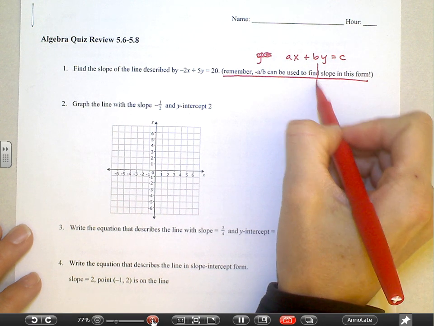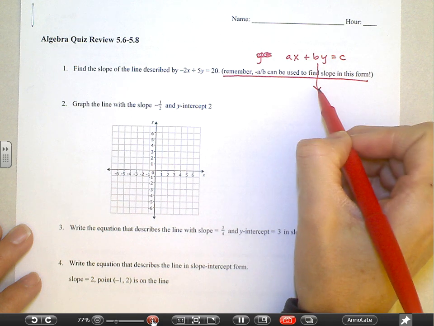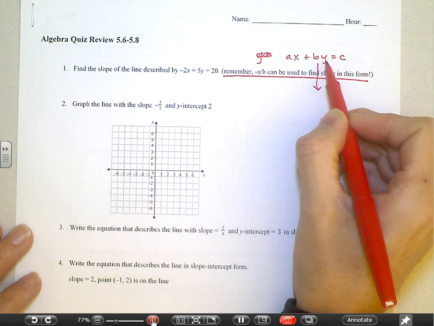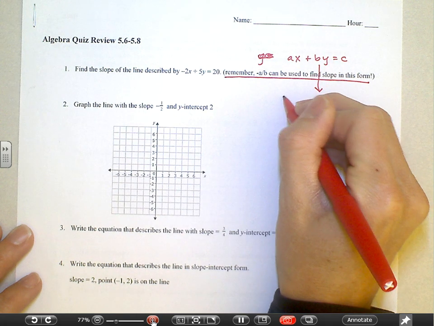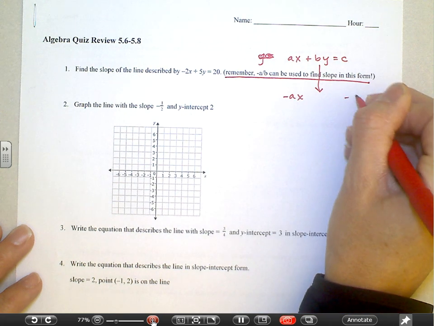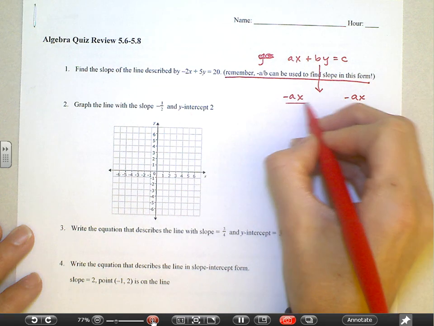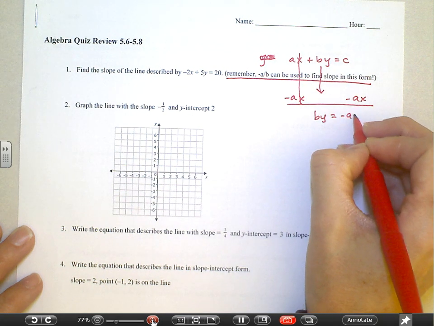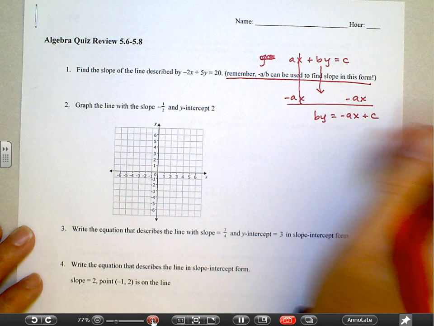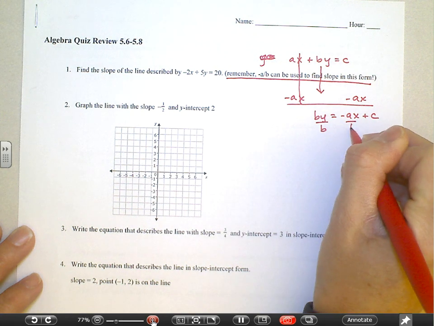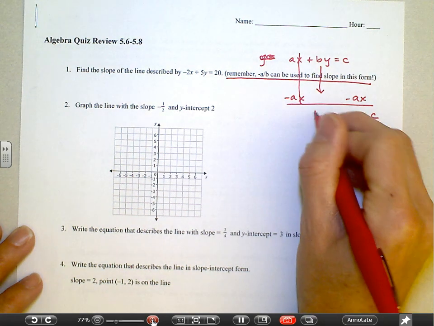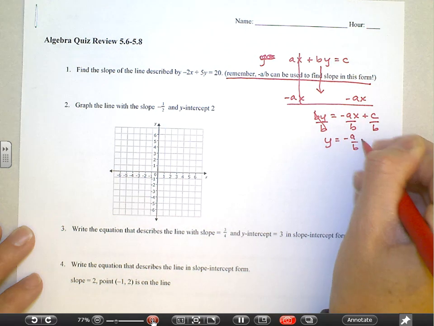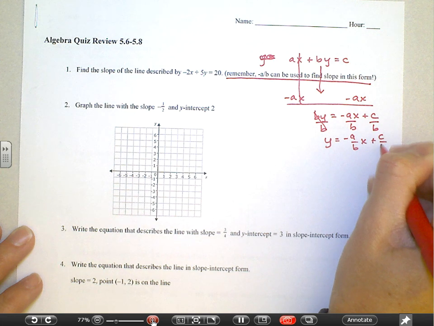If I want to change this to slope-intercept form, I want y all by itself. I subtract the x term, so I have by equals -ax plus c. Then I divide everything by b, so I get y equals -a over b x plus c over b.